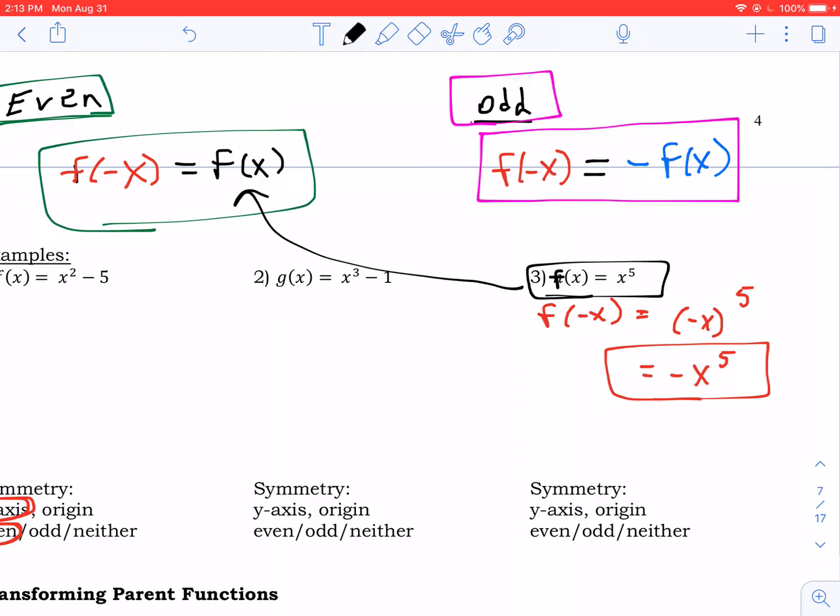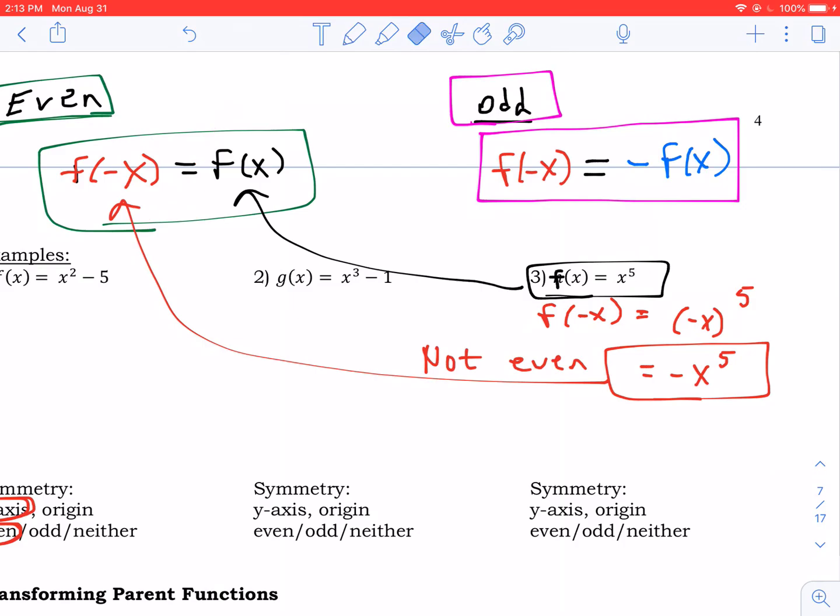Is the original function the same as what I got when I plugged in a negative x? And it looks to me like they are very different. So unfortunately, at this stage, all we can claim is that it is not even. Not even because this failed.